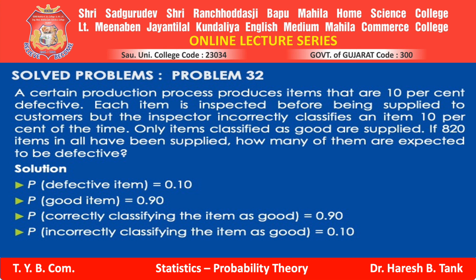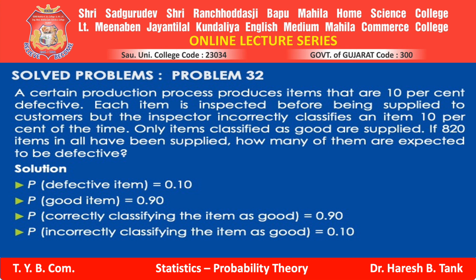Only items classified as good are supplied. If 820 items in all have been supplied, how many of them are expected to be defective? Expected means expected value is to be found.